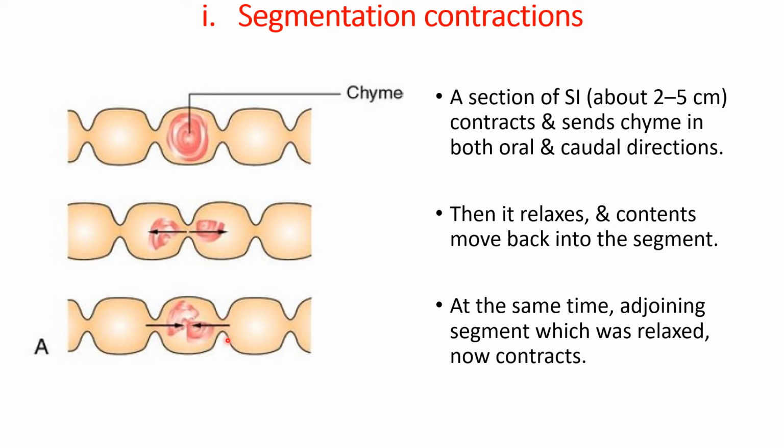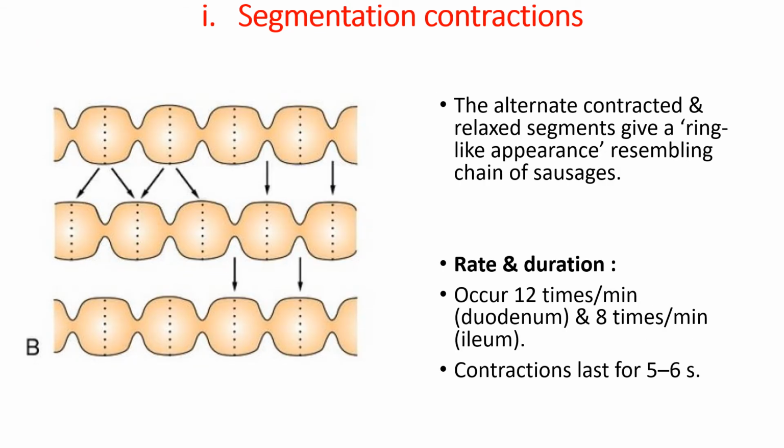Simultaneously, the adjoining segment that was relaxed now contracts. Thus, this alternate contraction and relaxation of the segments of the small intestine gives a ring-like appearance that resembles a chain of sausage.